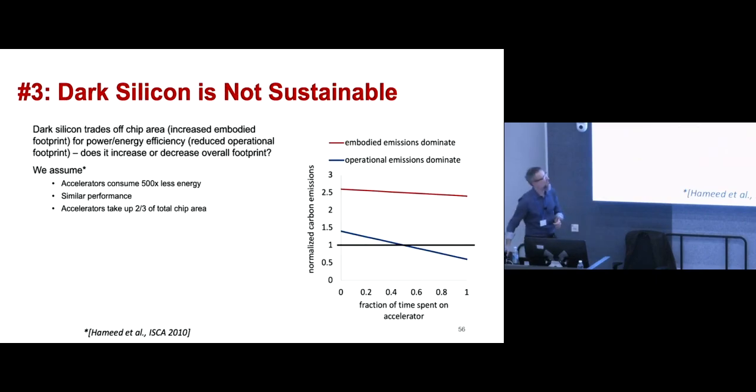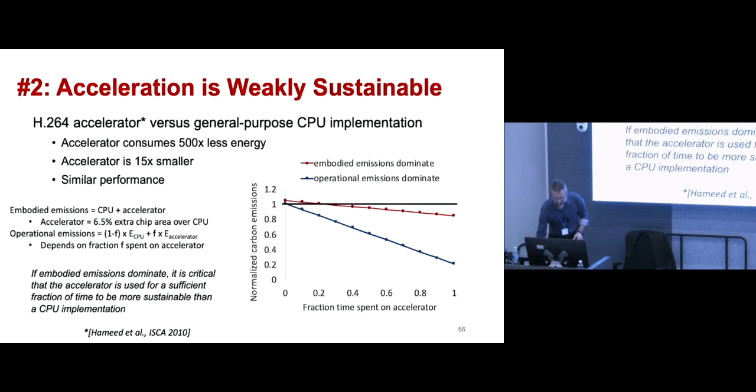And then with dark silicon, I would argue it's not going to be sustainable at all. In the previous example, we were assuming just a single accelerator, which takes about 6% of the chip area compared to a CPU. Today, you would see the inverse.